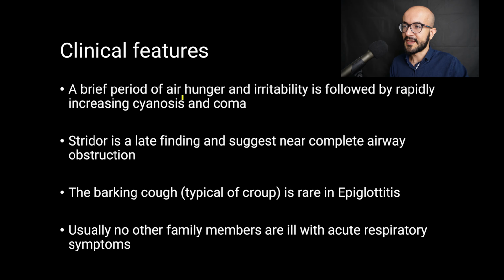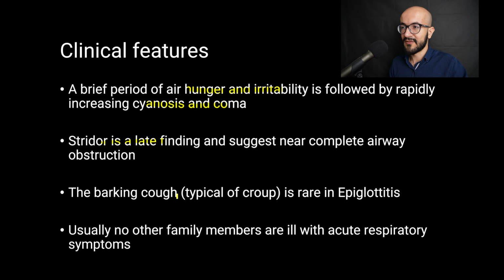Now a brief period of air hunger and irritability is followed by rapidly increasing cyanosis and coma and respiratory arrest and death. And stridor is a late finding and suggests near complete airway obstruction. When you hear stridor, this means that the airway is more than 90% obstructed, and this is very dangerous.